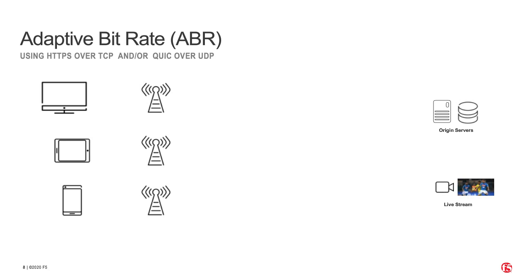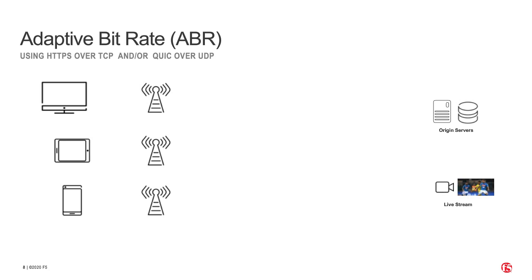QUIC is a protocol invented by Google, but it's becoming a standard. So there is a working group in the IETF which is defining the standard version of QUIC. And the characteristic of QUIC is that it's not running on top of TCP, but it's running on top of UDP.